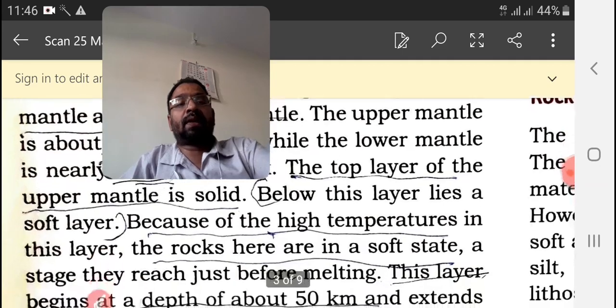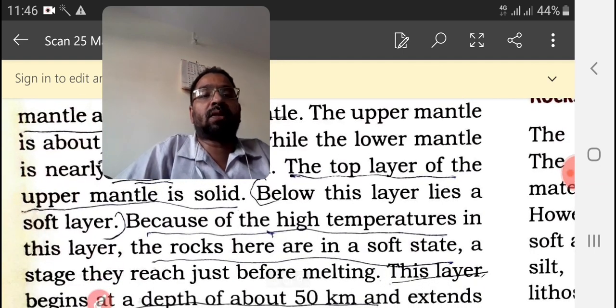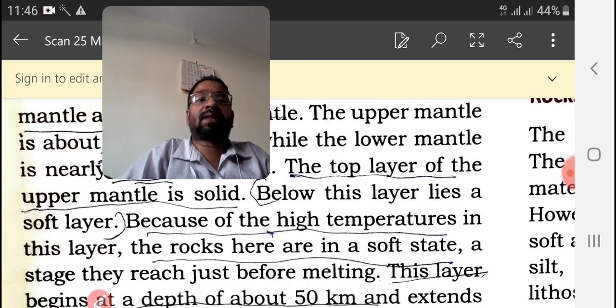Because of the high temperature in this layer, rocks here are in a soft state, a stage they reach just before melting.